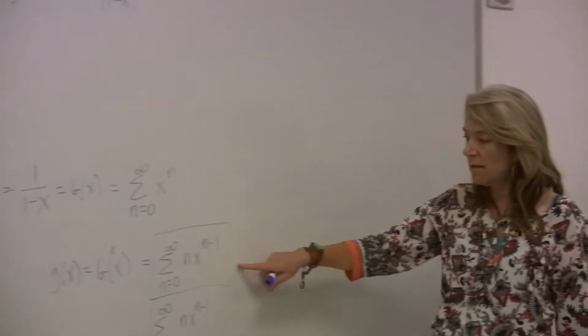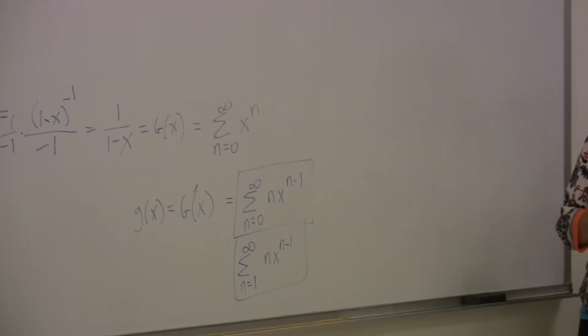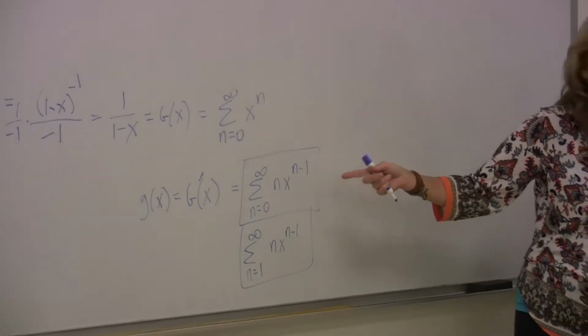Okay, so the second part was to find the radius of convergence. That's what I was warning you about before. You don't have to find the whole interval, just the radius. So all you have to do is the root test or the ratio test just to find the radius. So for this particular series, which test do you want to do? The root or the ratio? The ratio, too. There's not nice powers of n.